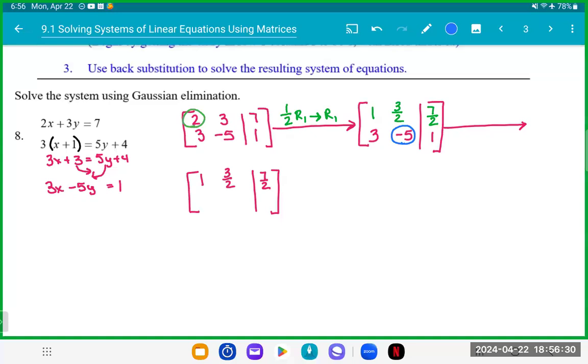So there's 2 different ways that you could go about this. You could get the 1 here, or you could get the 0, right? Either way is okay to do. Okay. So for this example, I will do the diagonal ones first, and then we'll come back and get that 3 into a 0.